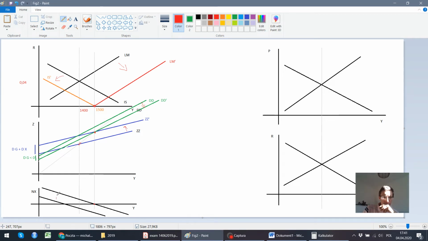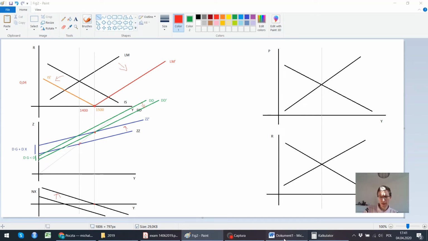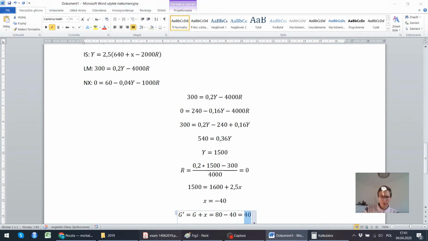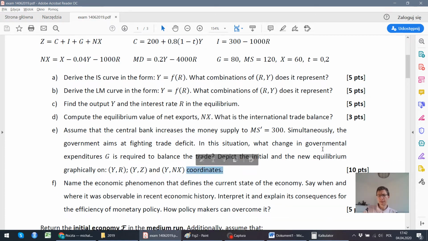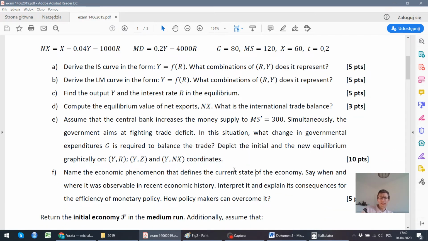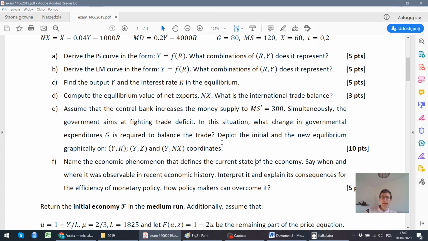Okay, all right, that's all. Hope that it's clear. Did we solve everything here? Answered everything? Yes. So we have the new equilibrium depicted in this plane.